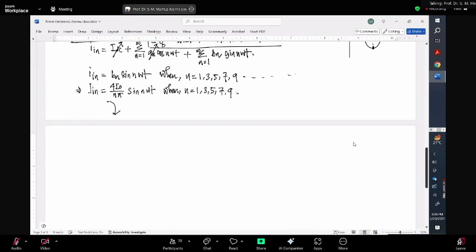So if I elaborate this equation, we can write I in equals 4 I naught over pi, that is my constant term. When n value is 1, we can write it like sine omega t plus 1/3 sine 3 omega t plus 1/5 sine 5 omega t, 1/7 sine 7 omega t, and so on and so forth.